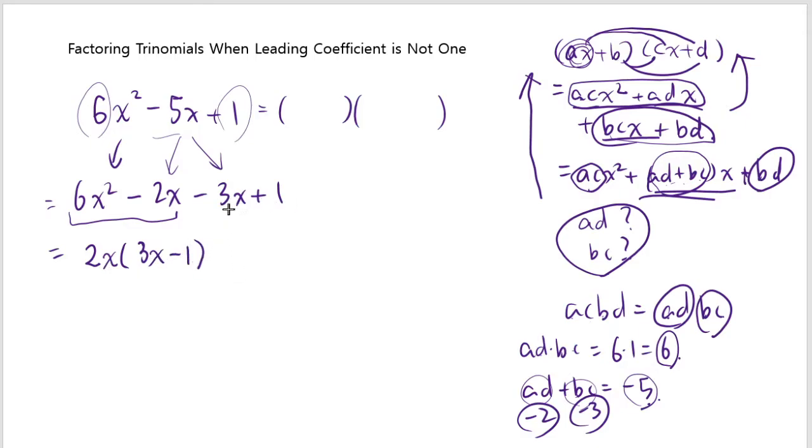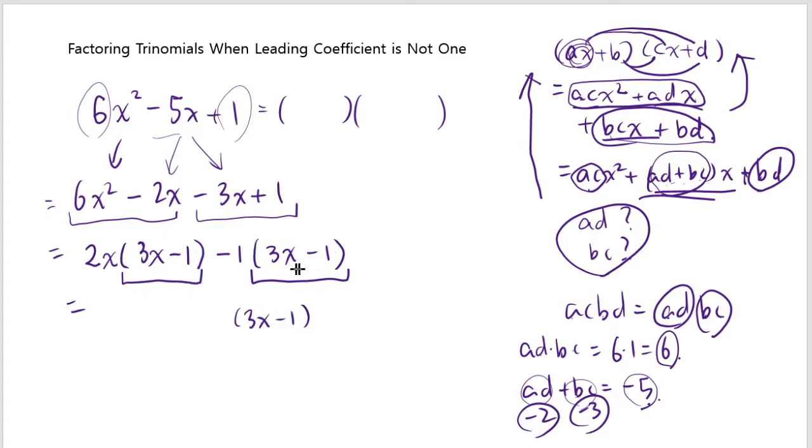And then for the next two items, you can factor the minus 1 and make it 3x minus 1. Notice how pulling the minus 1 out makes the positive 1 a negative 1. And once you do this, you see that these two are common factors, so you can factor that out. If you take this away, the remaining ones are 2x and negative 1, and that's what you have.